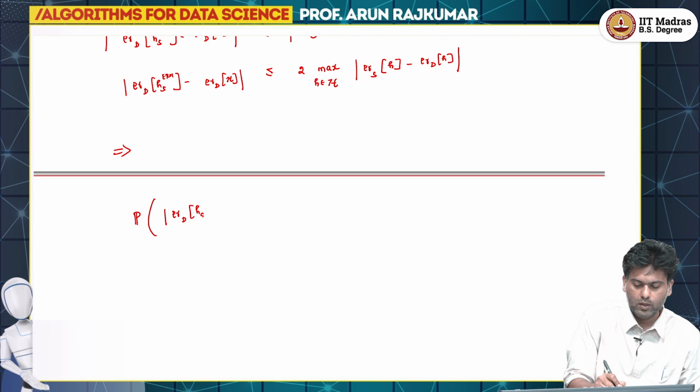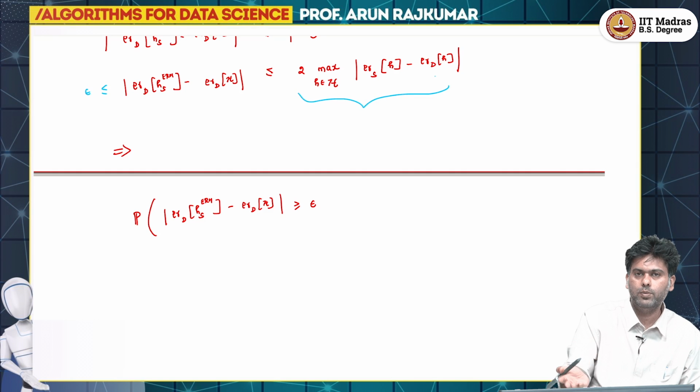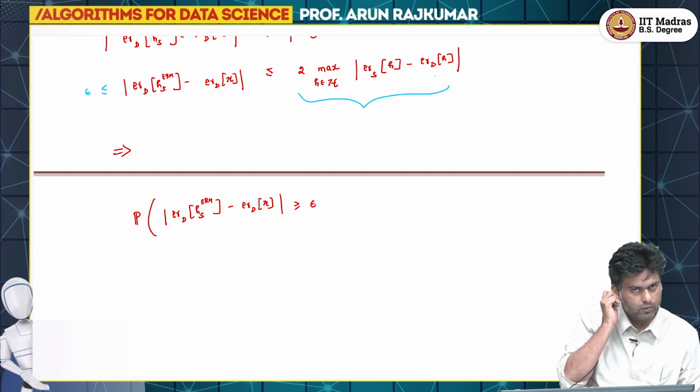RD of H_S ERM, well, what is the implication? If this term is greater than or equal to epsilon, then that means that this term is also greater than or equal to epsilon, because this is already greater than or equal to this term.